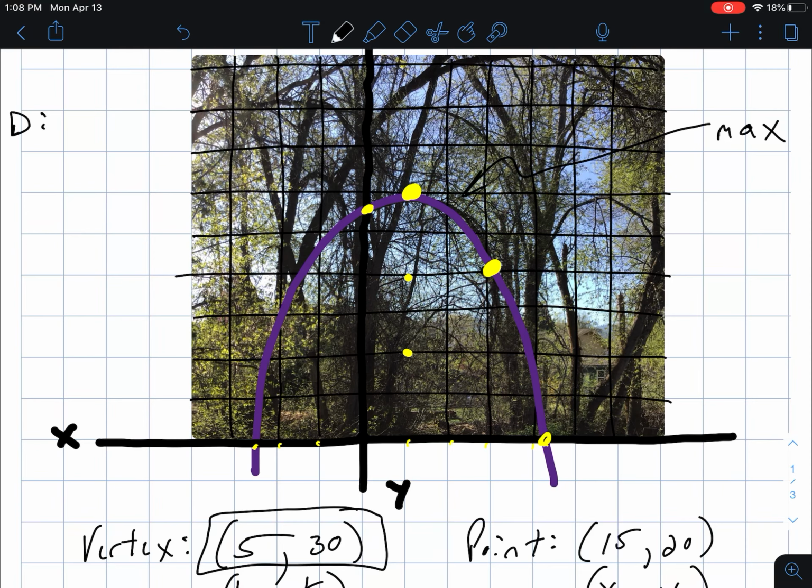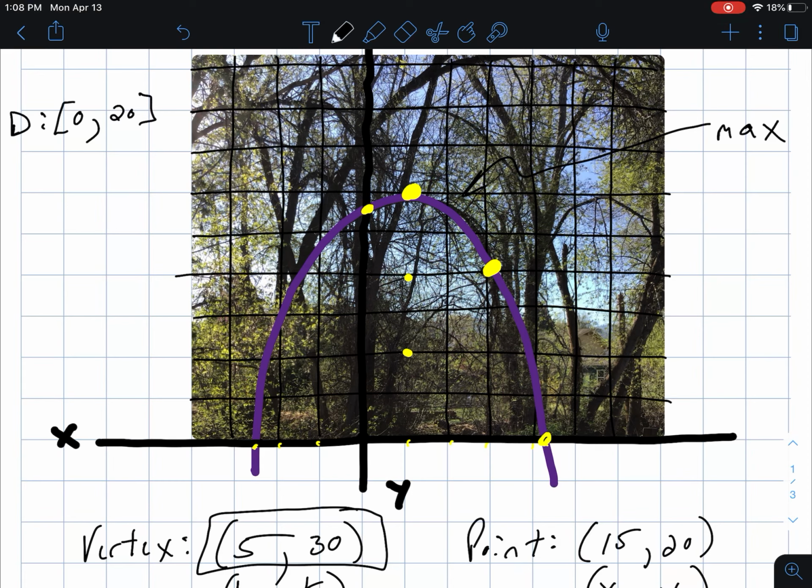Our domain is going to be, really in this case, you could probably stop it at the tree trunk if you wanted to, and just talk about the actual size of the tree limb. So I don't really have any x values on my tree limb past 0. And then my tree branch ends 5, 10, 15, let's call it at about 20 feet out.